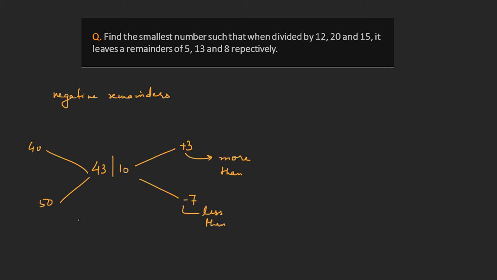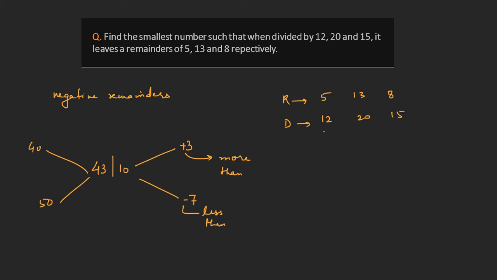Alright, now let's see how this idea helps us solve the question here. The question gives us 3 pairs of numbers: 5, 12, 13, 20, and 8, 15. The remainders and the divisors. These are positive remainders, but that's not the problem. The problem is that they are 3 different numbers when we would want them to be the same. So let's find the corresponding negative remainders. Perhaps those will come out to be the same.